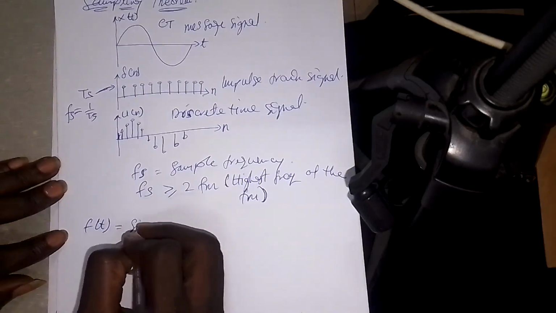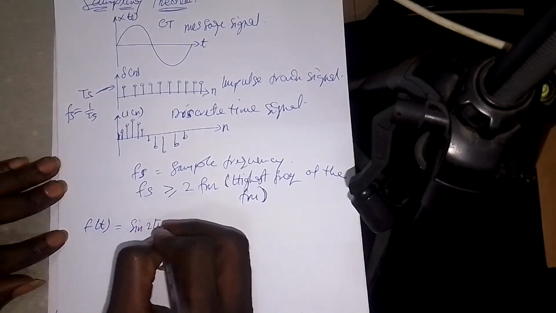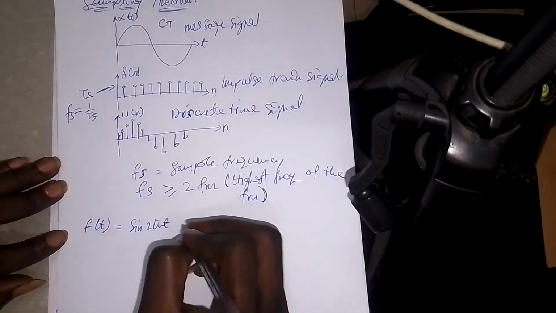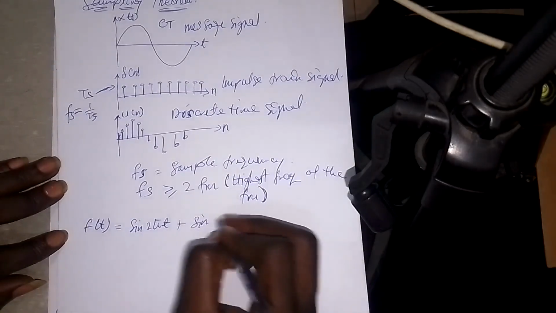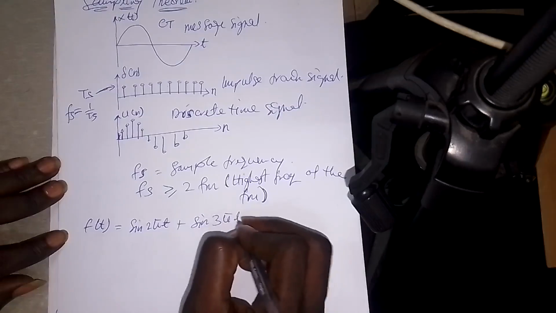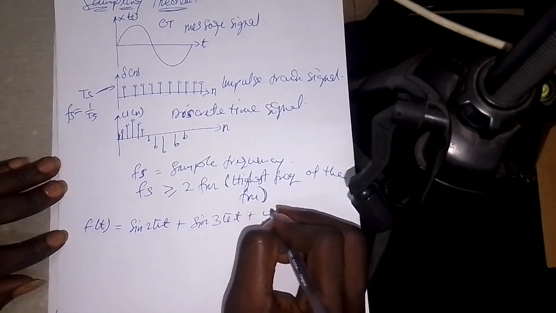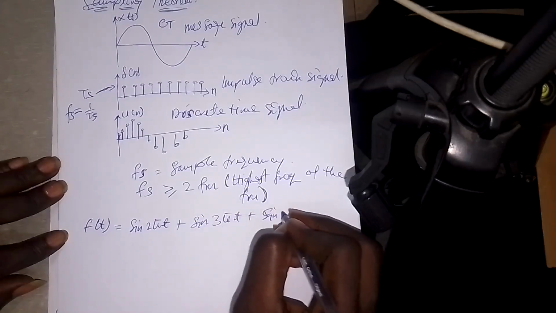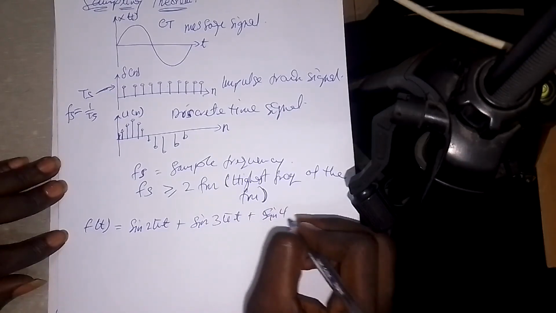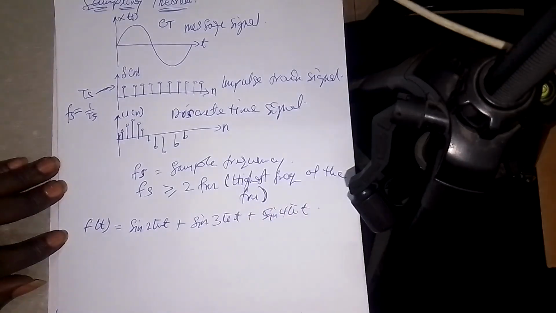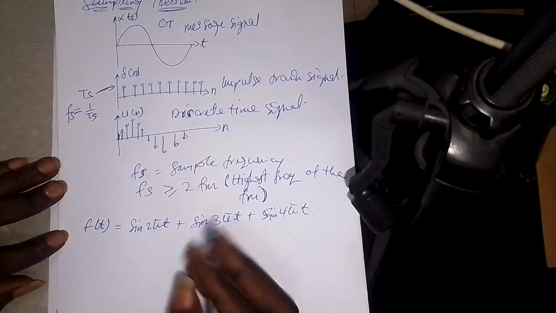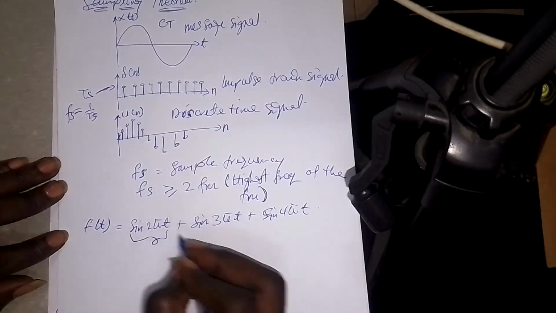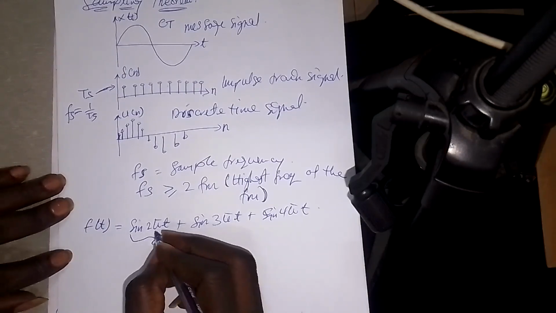For example, it can be sine 2 pi t plus sine 3 pi t plus sine 4 pi t. Each of these has a frequency. If you take the first one, what can we get?